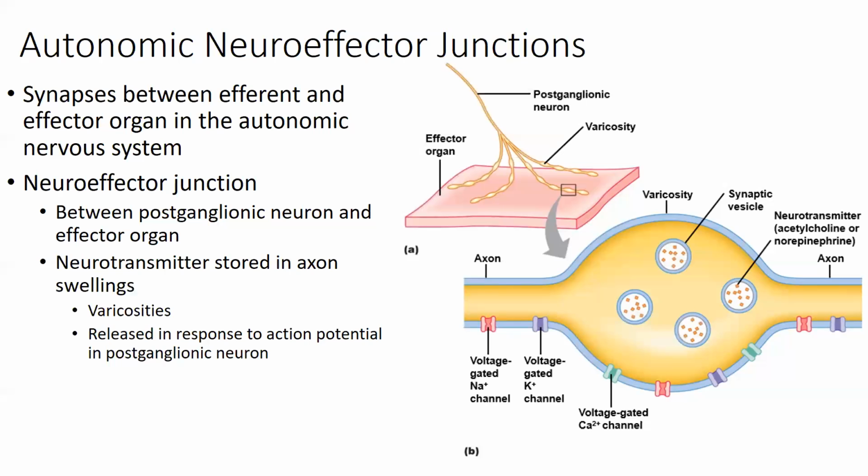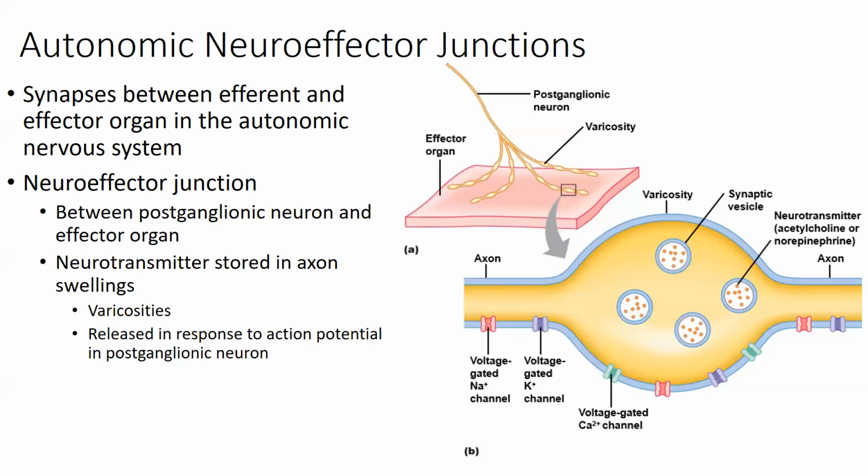Now, I want you to bear in mind here that depending on what type of neuron this is, the neurotransmitter is going to change. We saw that already. If this were a postganglionic neuron in the sympathetic system, what would this neurotransmitter be? Come on, we just discussed it.